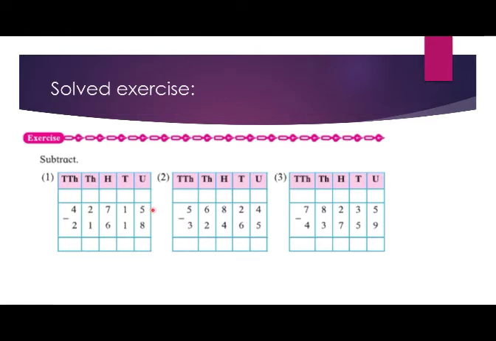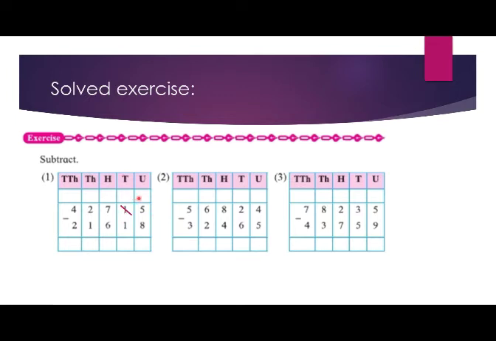Yes, 5 is smaller than 8. So we cannot subtract 8 from 5. So we'll have to borrow from the tens column. Let's solve this sum. I'll cut this one, and once you cut down the number, immediately reduce the number by 1 and write it on the upper box given over here.